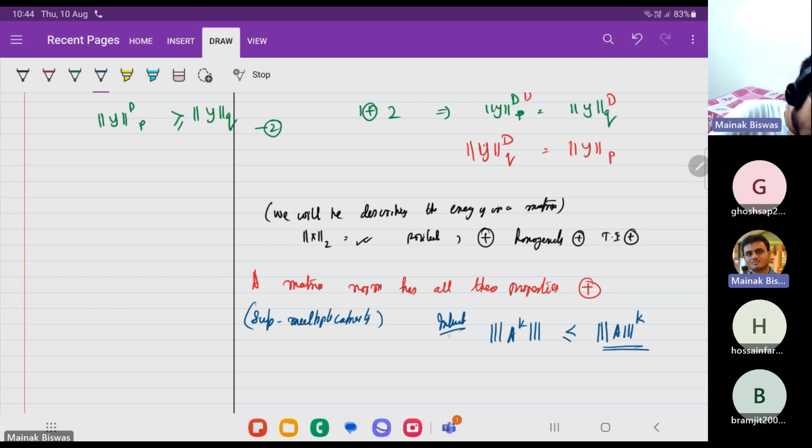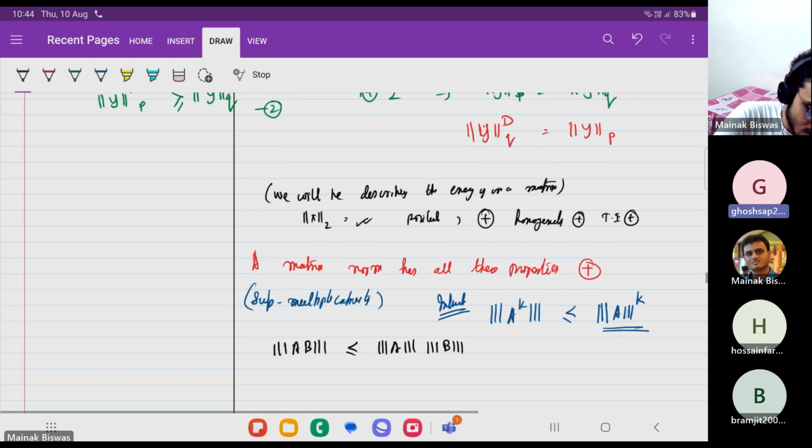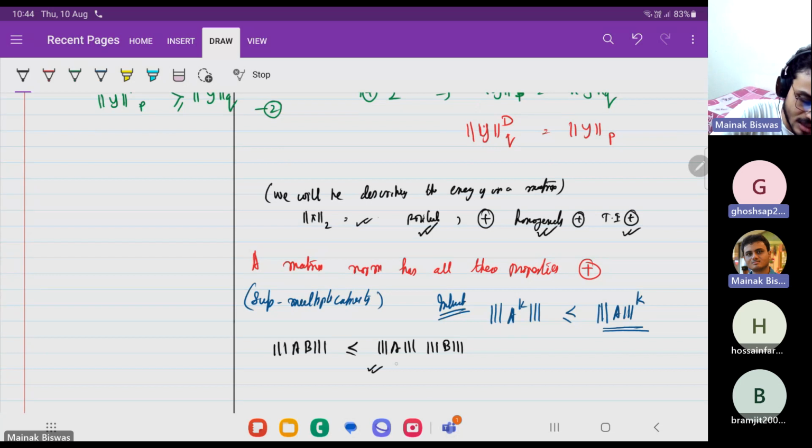What does it mean? It means the norm of the product of two matrices will be bounded by the product of the norms of the individuals, right? Is it clear? So what are the four properties? It will have positivity, homogeneity, triangle inequality, and submultiplicativity. Matrix norms. Yeah, go ahead.